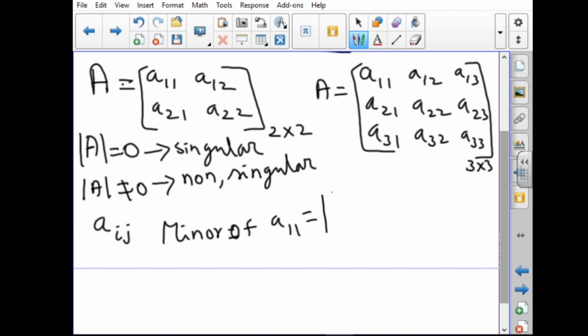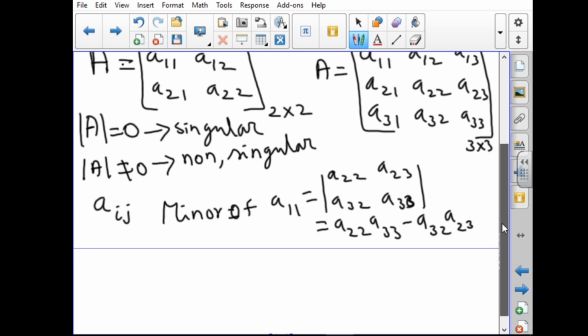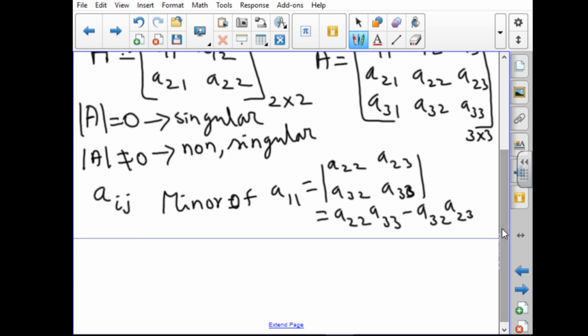It is the determinant of A22, A23, A32 and A33. You know how to expand this determinant: A22 into A33 minus A32 into A23. This is the minor.